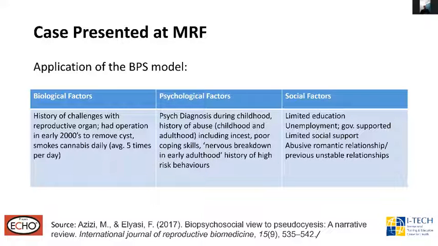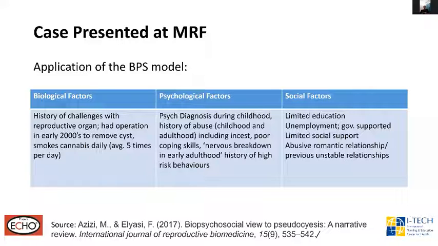She had an operation in the early 2000s to remove a cyst. Studies show that persons who have abnormalities within their hypothalamic-pituitary-ovarian axis commonly present with pseudocyesis, as well as neuroendocrine changes, which I believe are responsible for hormone production and changes in their hormones.